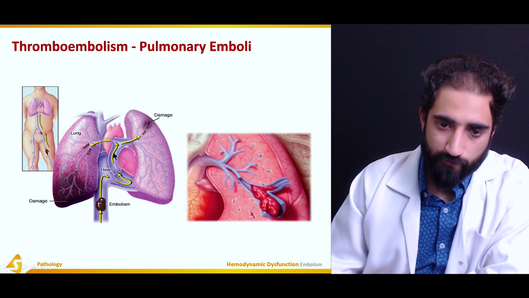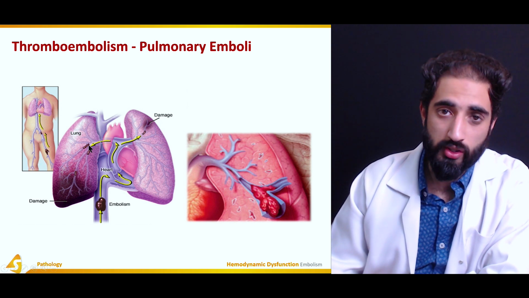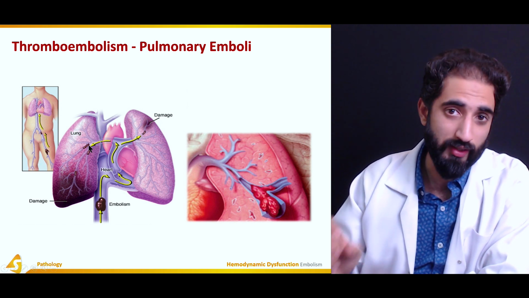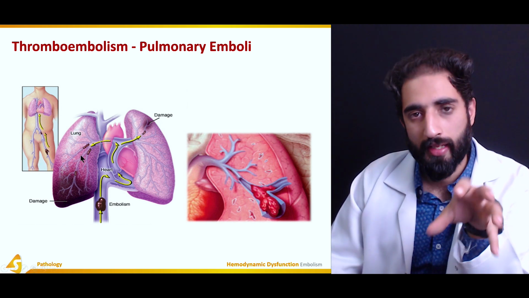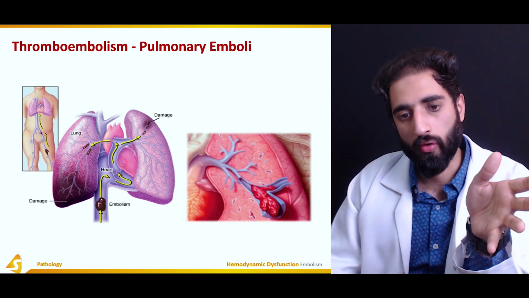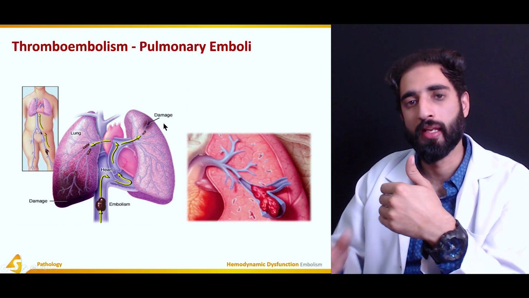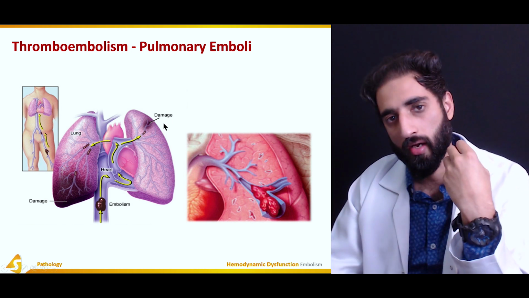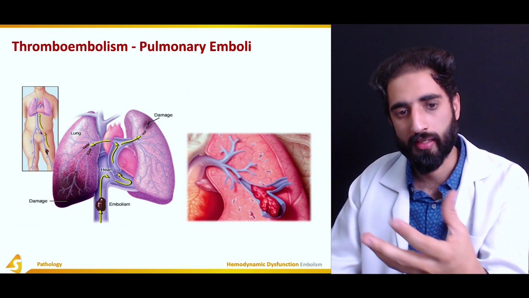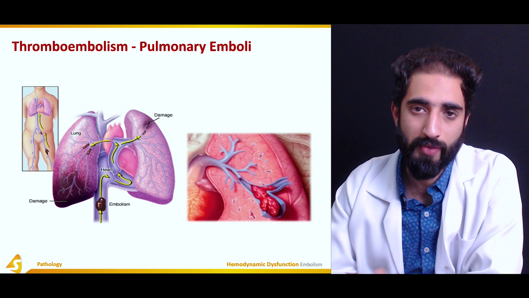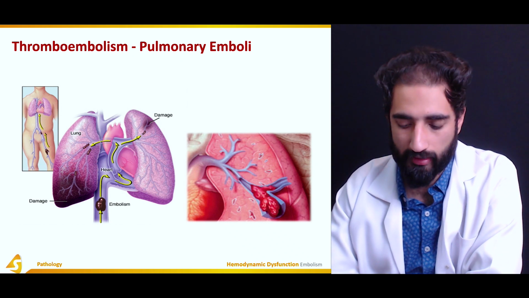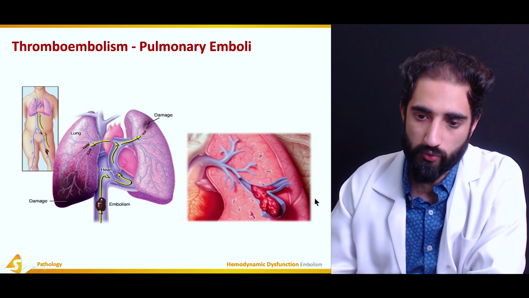Now that emboli, when it reaches a suitable place, when the lumen is small, goes there and occludes that part of the circulation, which results in ischemia and infarction and necrosis of that area, and that results in pulmonary embolism, and it can be a cause of death as well, as you can see here.